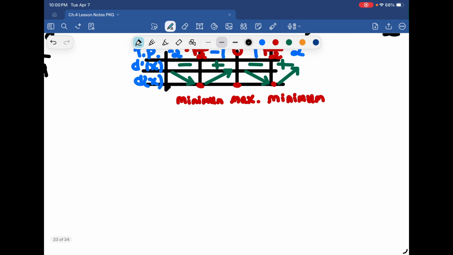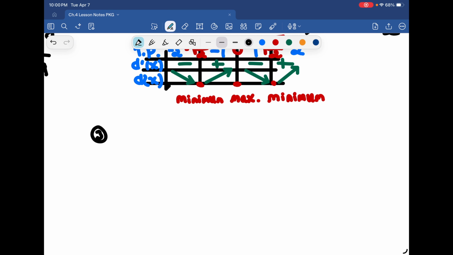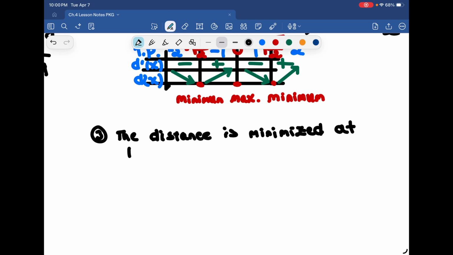For step number 3, we're going to say the distance is minimized at the points, and I'm going to do the live calculations within my answer here.